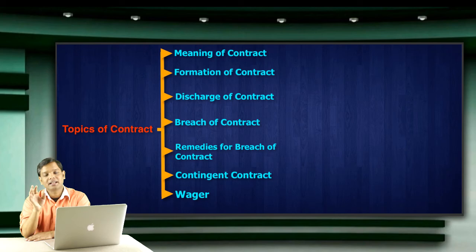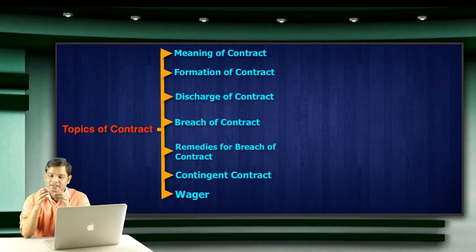Okay. And the last topic that we have discussed under the contract law is waiver. Of course, waiver is a sort of contingent contract, but it is not a contingent contract in the sense that waiver is an illegal act. However, the contingent contract is a legal act.